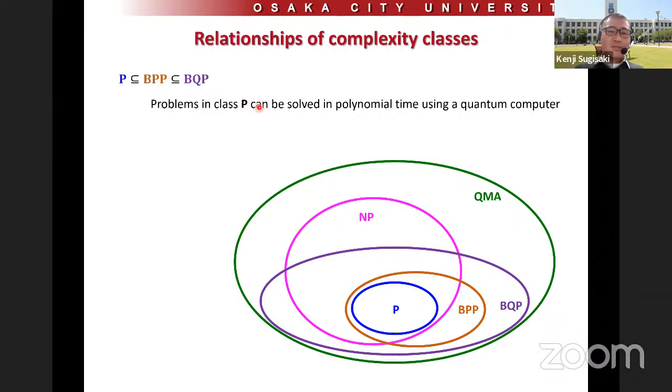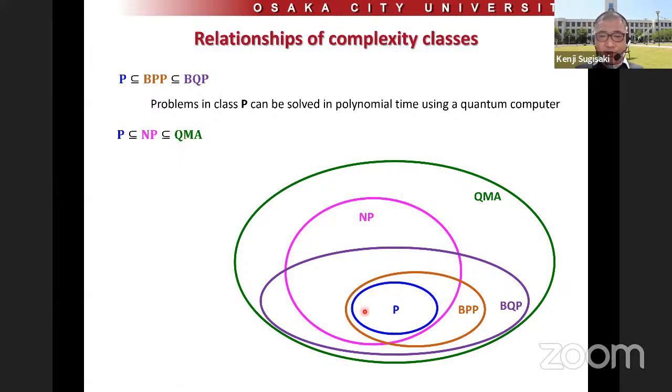So a problem in class P can be solved in polynomial time using a quantum computer, because BQP is the class of problems that can be solved using a quantum computer with bounded error in polynomial time. And also, P is included in NP, and NP is included in QMA.